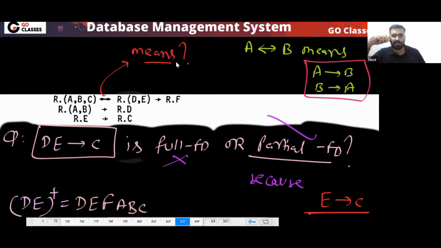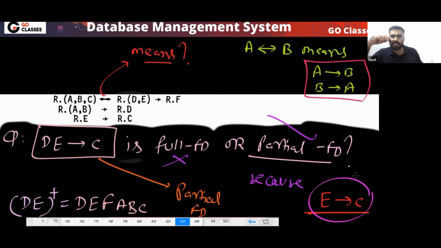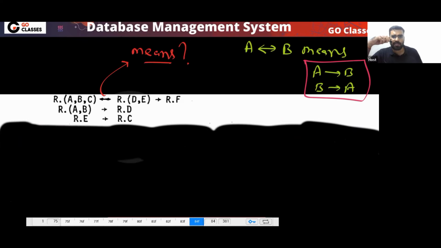So remember, this is partial FD. Now is E goes to C partial? This is not partial, this is full. Is this clear to everyone? So for example, E goes to C is full. Is it full or partial?